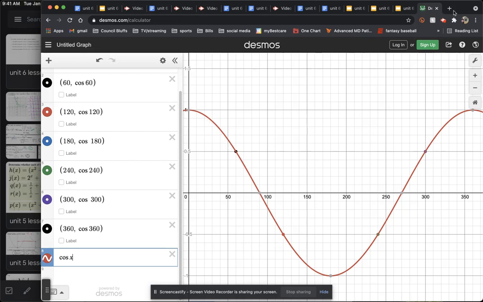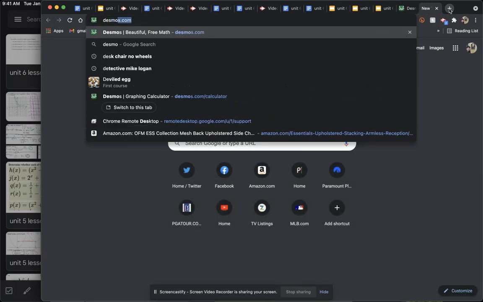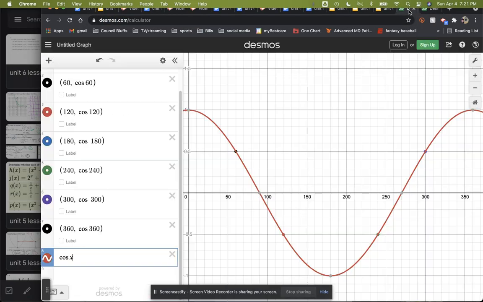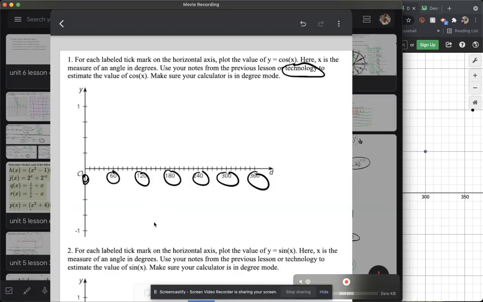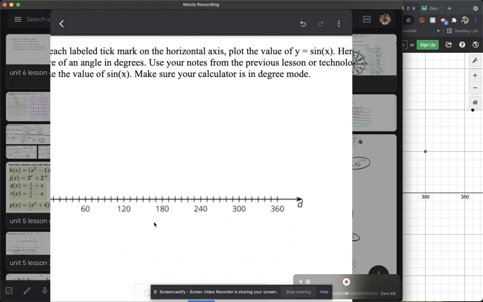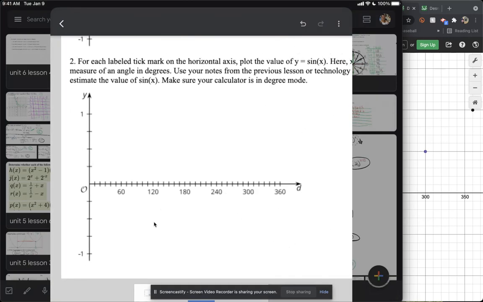Okay. For number 2, we're going to do the exact same thing that I just did here, except I'm going to change all the cosines to sines. So I'm going to do the same thing I just did in number 1, but all the cosines are now going to become sines.